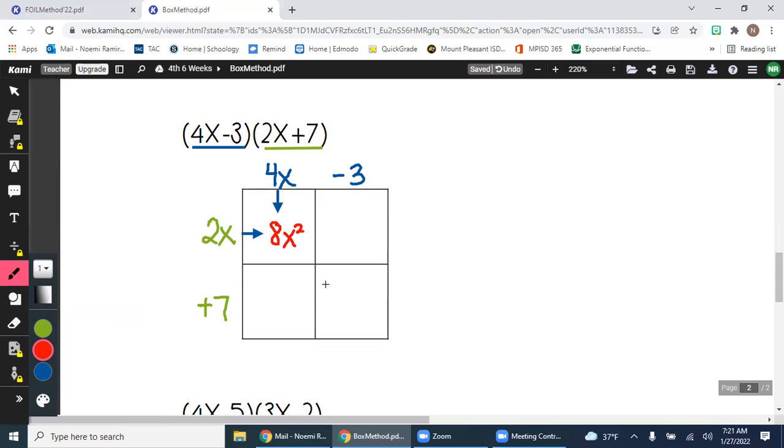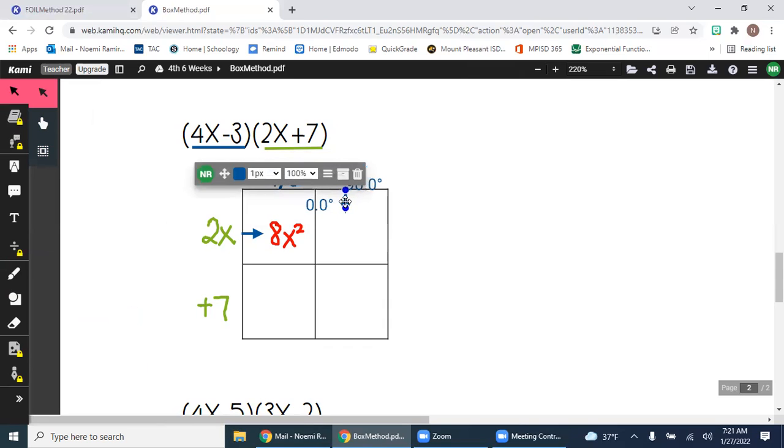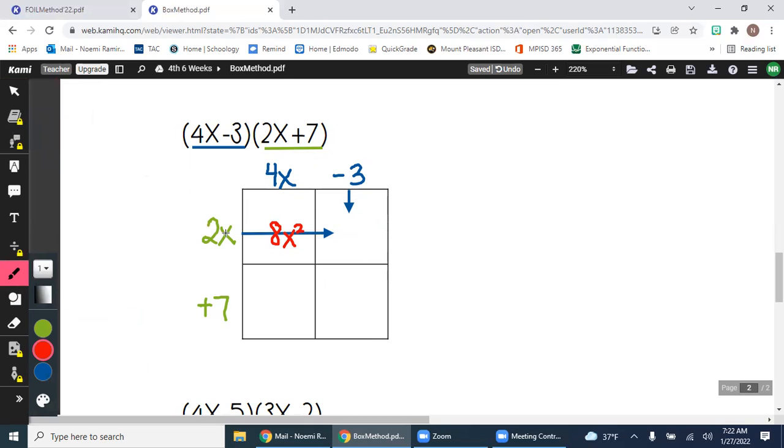Okay. Now to do this box right here, I'm going to grab this, move it over. It's going to be negative 3 times 2x. So 2x times negative 3. 2 times negative 3 is negative 6. And don't forget to attach that x.